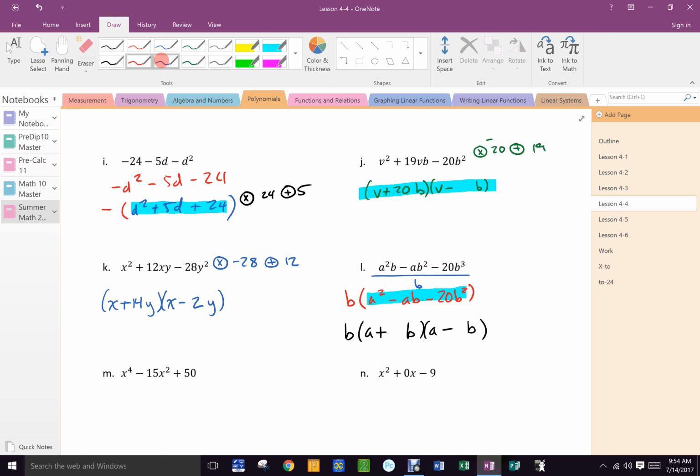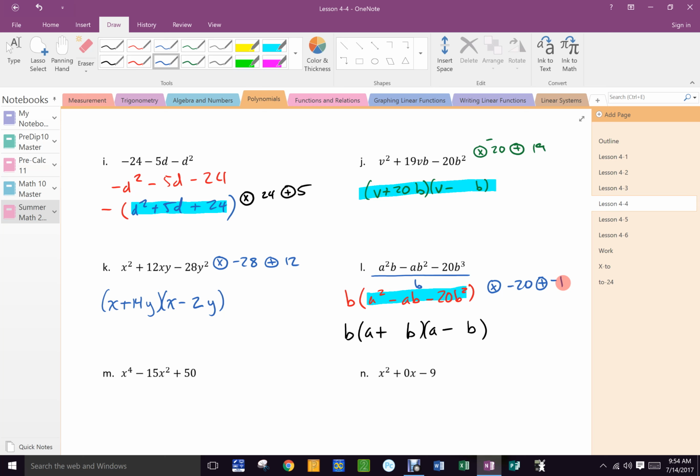And what do those numbers have to do? Multiply to negative 20 and add to negative 1. What are they? No, 1 and 20 will not make negative 1. Is it 2 and 10?